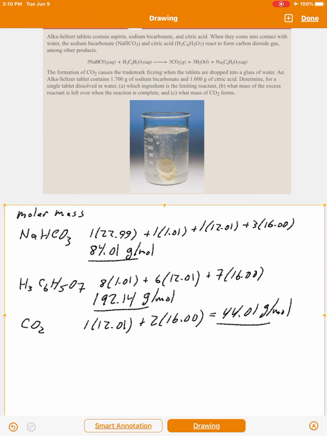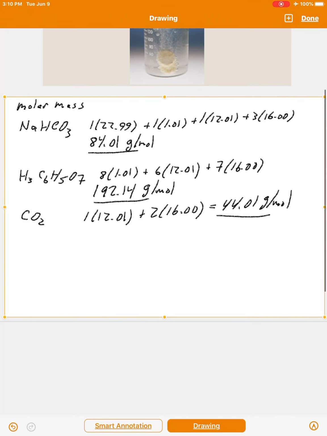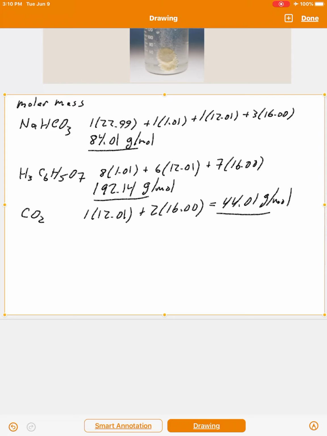So we've got 1.700 grams of sodium bicarbonate. What I'm going to do is find the moles. So 1.7 grams, that's the mass of sodium bicarbonate. 1 mole of sodium bicarbonate is 84.01 grams.